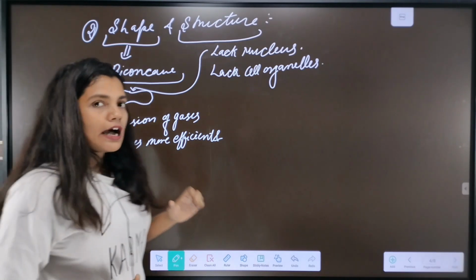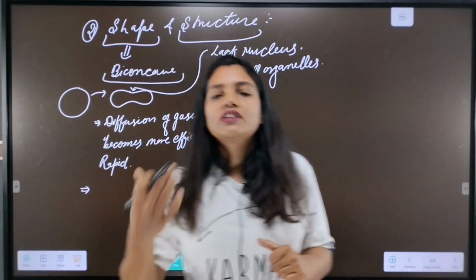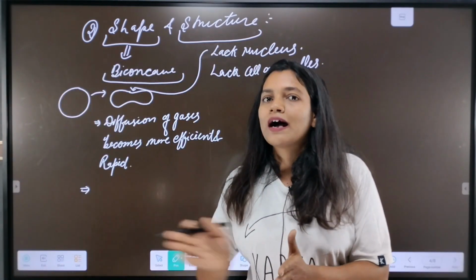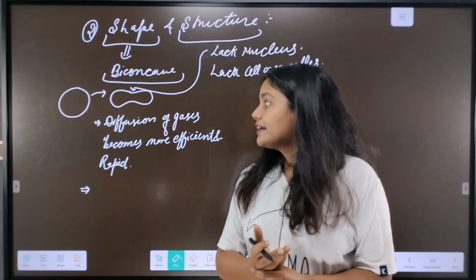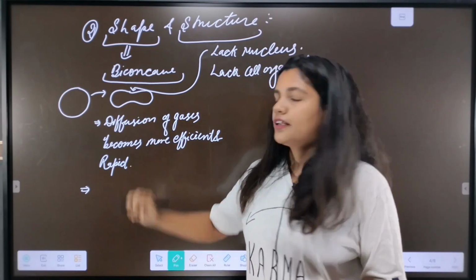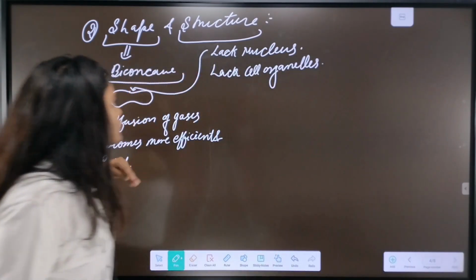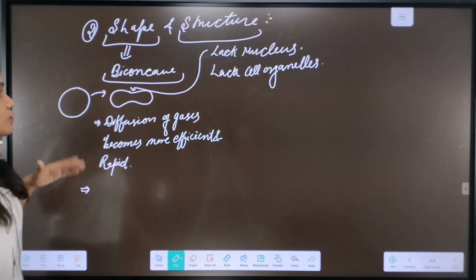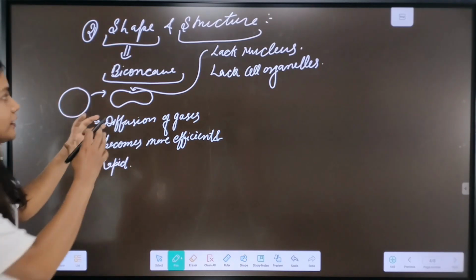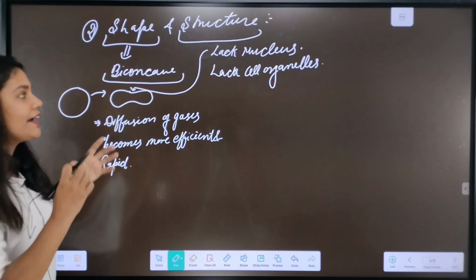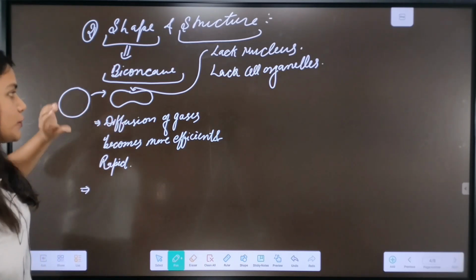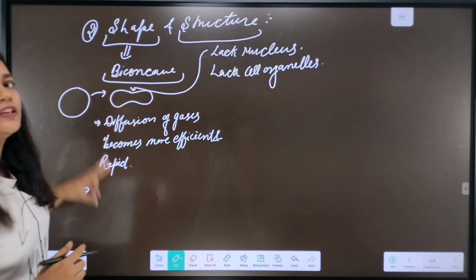So sometimes RBCs themselves find it very difficult to pass through the blood vessels. That's why this biconcave shape helps them squeeze through the blood vessels and also contract their shape to a very high extent. Because of this shape, we get two qualities.